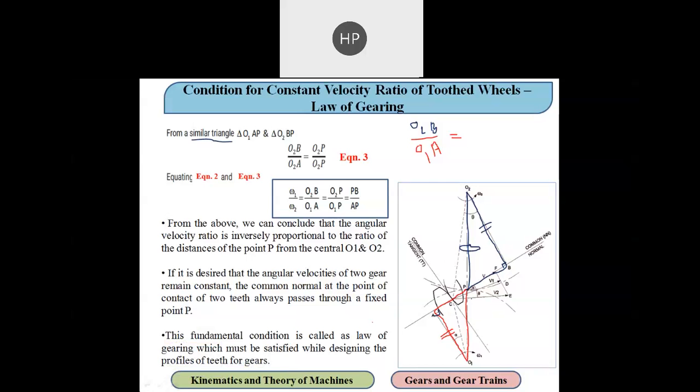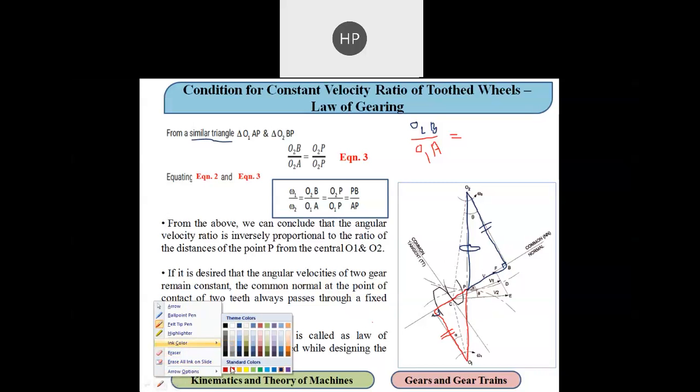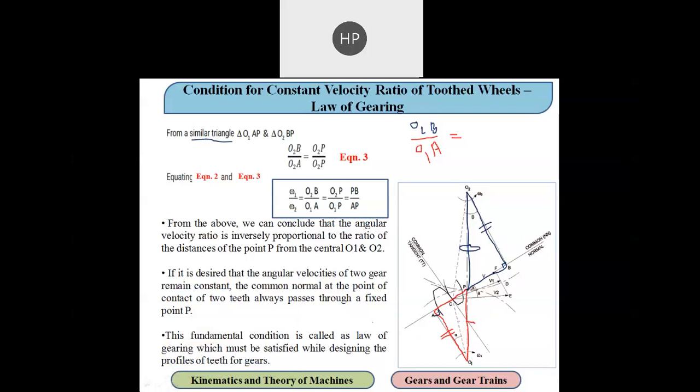O2P is in similarity with this O1P. Okay, so what we will get? O2P divided by O1P.